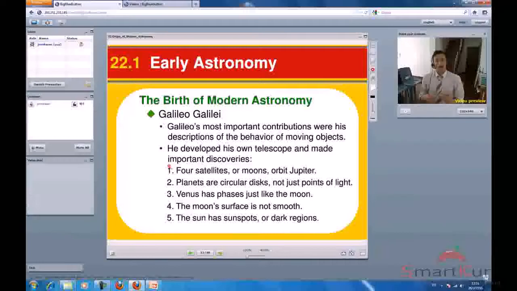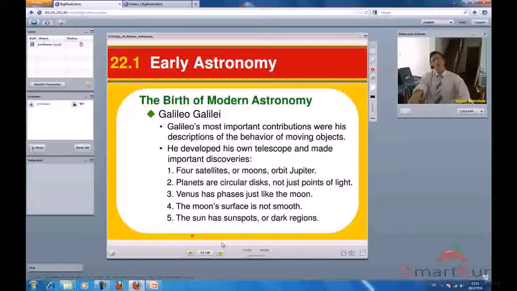He realized that the planets were disks, really spheres, not just points of light. He was able to look at the surface of Venus and Mars and actually draw maps of these planets. He was able to see different features on the surface of Venus and Mars. No one had ever been able to do that before.